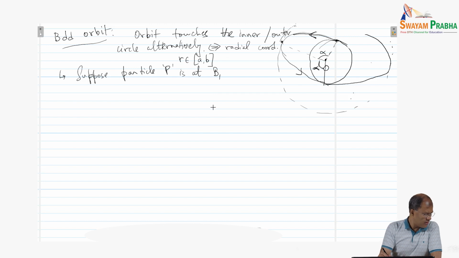So what is B1? B1 is this particular coordinate, and these are the points of the trajectory, A1 and then A2 and so on, right?